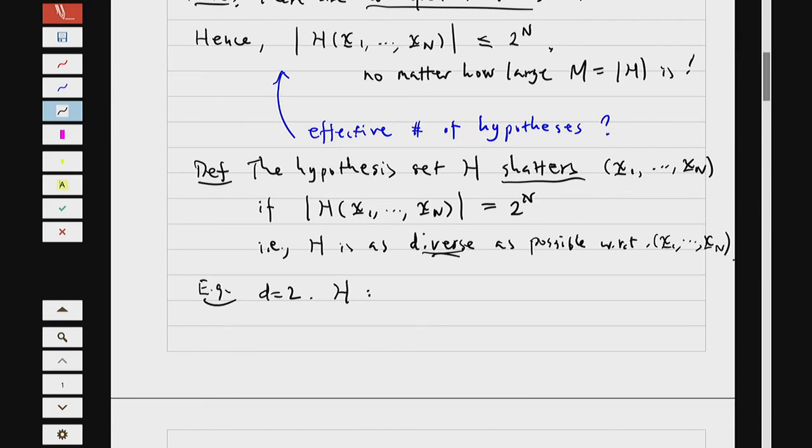So let's suppose we have two-dimensional space, d equals 2, and H is the linear classifiers. So all linear classifiers. In other words, we have the form of sign of W0 plus W1 x1 plus W2 x2. Like that, yeah?